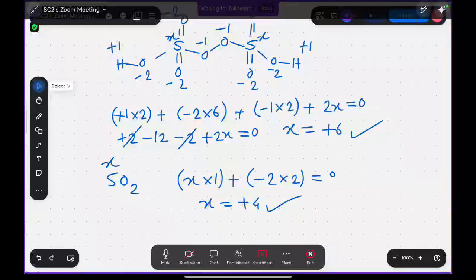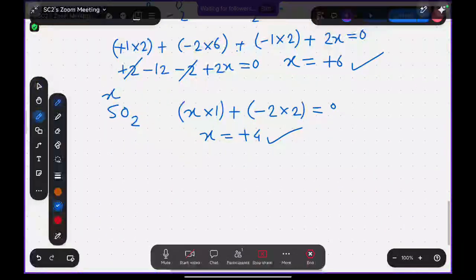Now, the next one is, let's choose a little difficult one. Say for example, if I want to calculate the oxidation state of chromium in chromium pentoxide. Suppose this is the example. Now you may get confused. Chromium pentoxide, so it is an oxide.